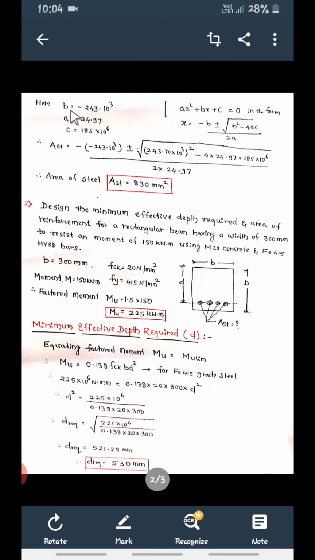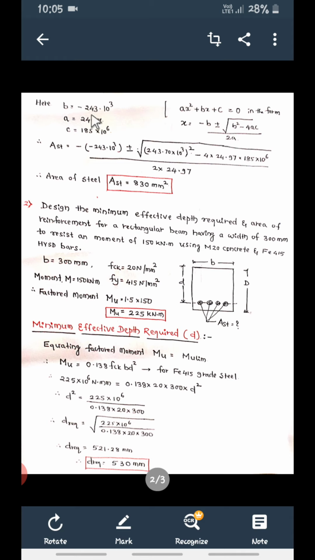It is in the form of ax square plus bx plus c, and the solution is minus b plus or minus square root of b square minus 4ac, whole divided by 2a. So substitute the values. Minus b: what is the value of b? It is again minus, so minus minus 243 into 10 to the power of 3, plus or minus b square.